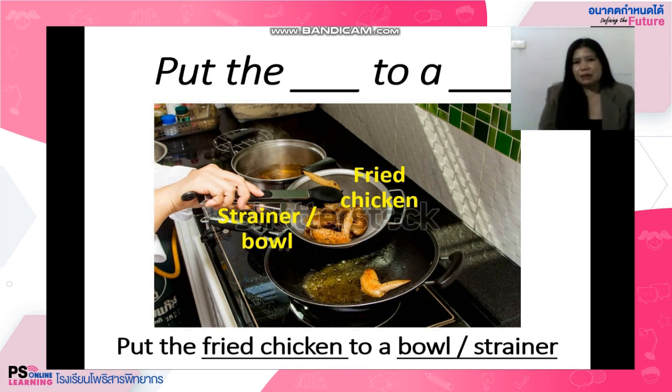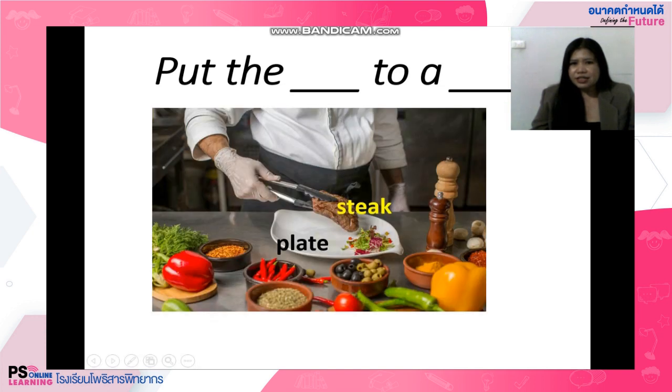Please copy the phrase because later on you're going to have a test on this one. I will show you two more photos, but this time I will not show you the sentence below, only the picture.